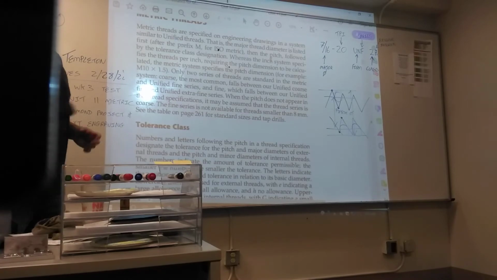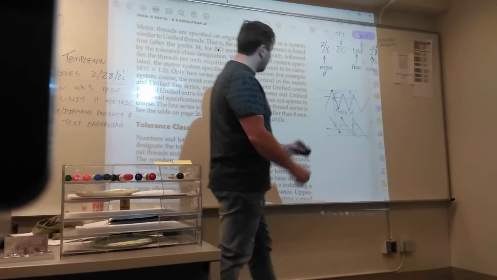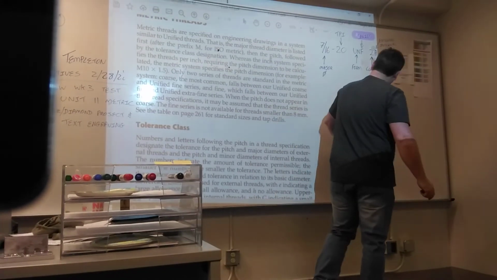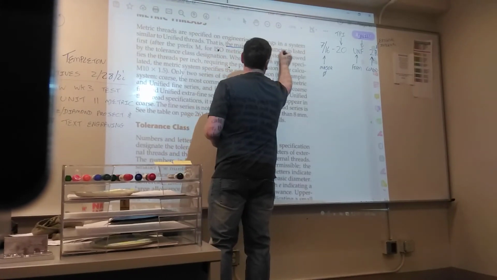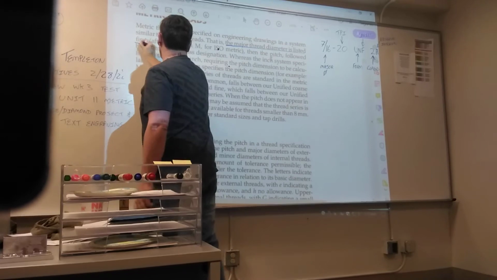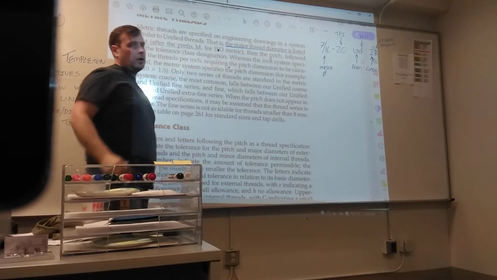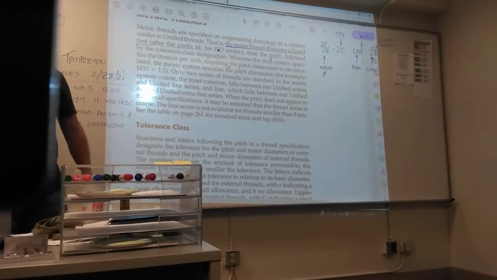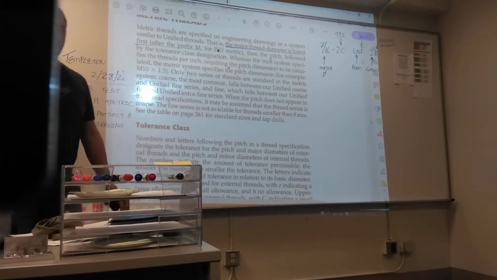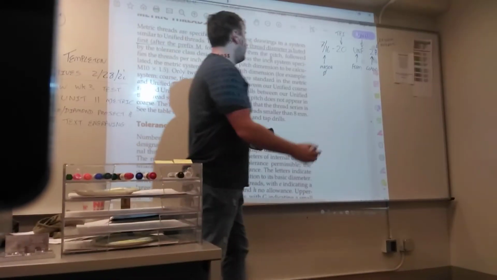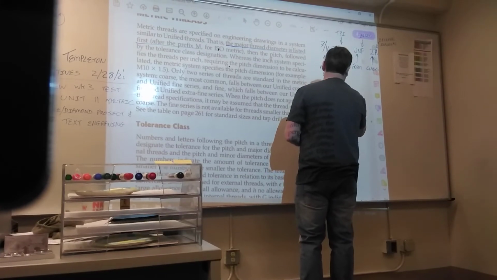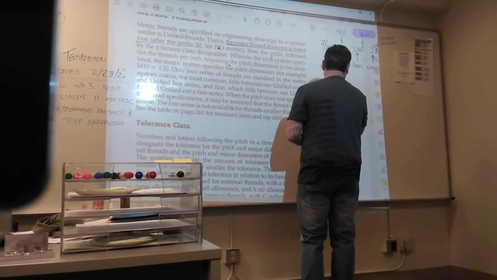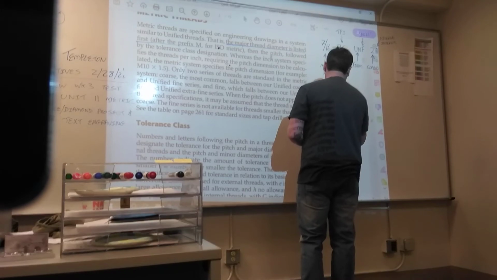So how does that affect metric threads? The major diameter is listed first, but after the prefix M. M represents what?